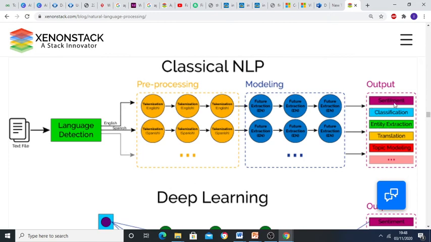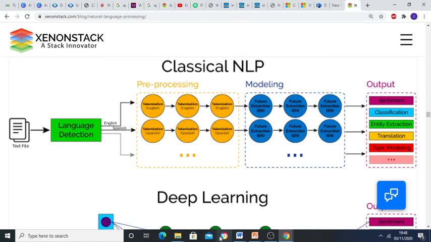You can now go ahead and perform sentiment analysis. You can now perform intent analysis. You can now perform utterance analysis on the output. So this is the architecture that natural language processing follows.